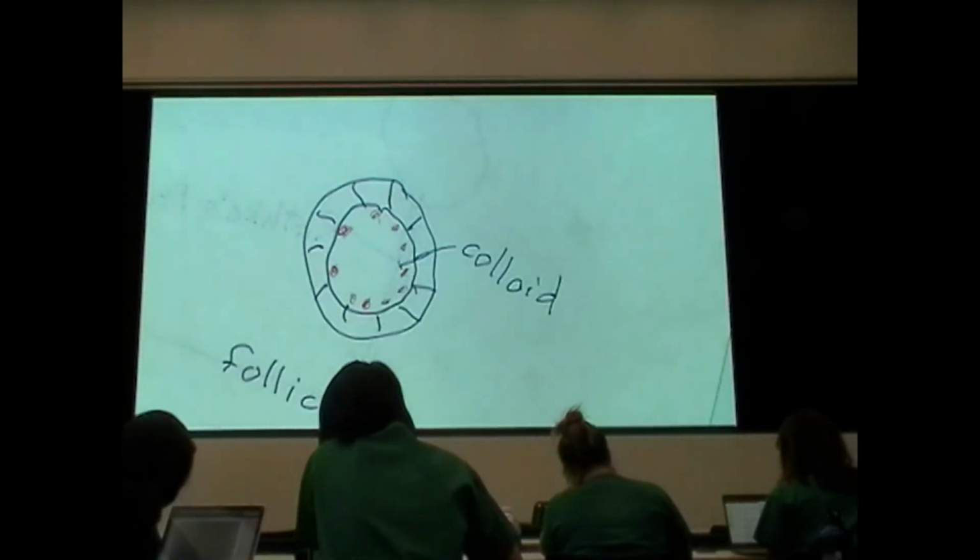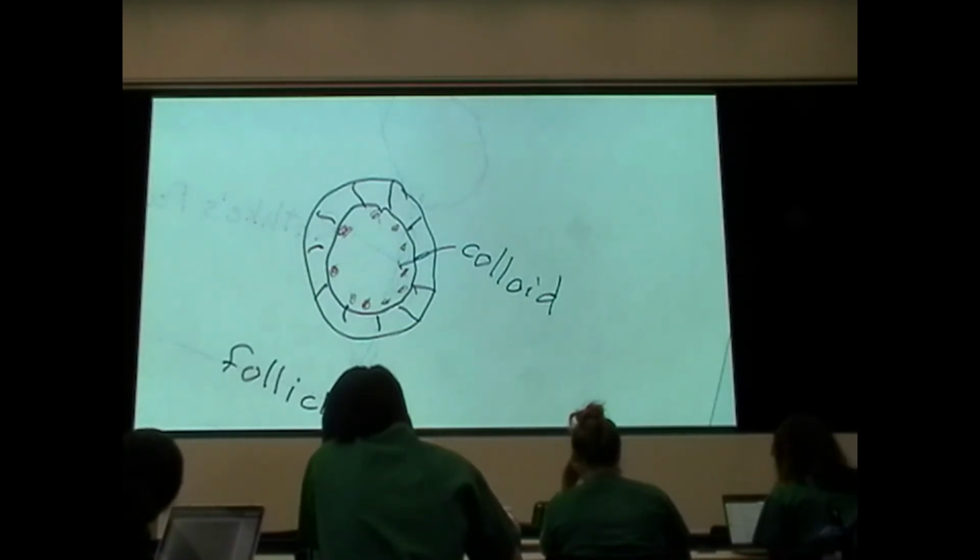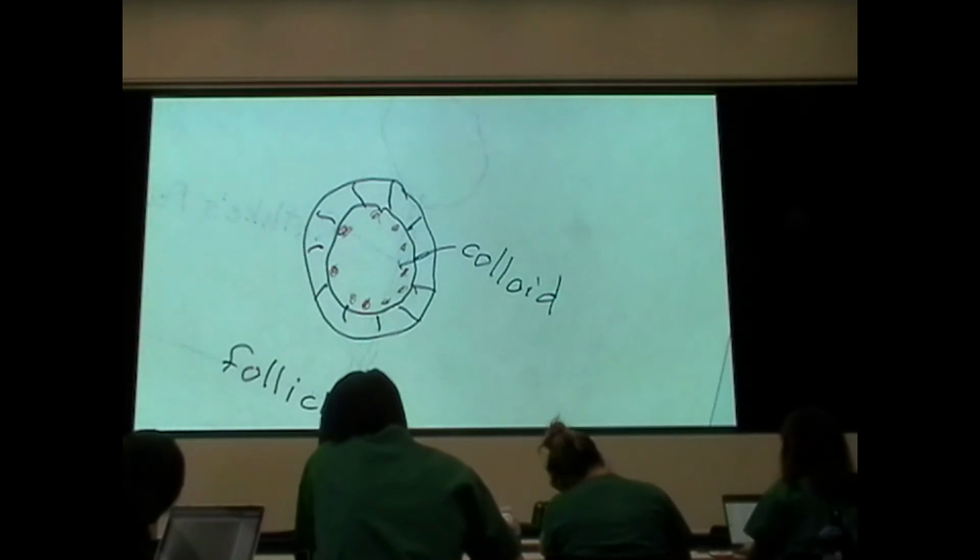Okay, so the thyroglobulin has become iodized around its periphery. Now what happens is if thyroid hormone is required, the cell sends out pseudopods and grabs hold of a chunk of thyroglobulin.